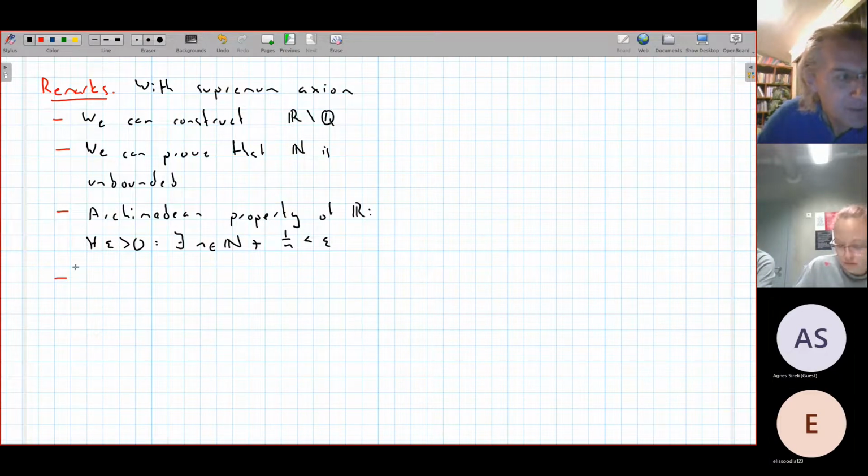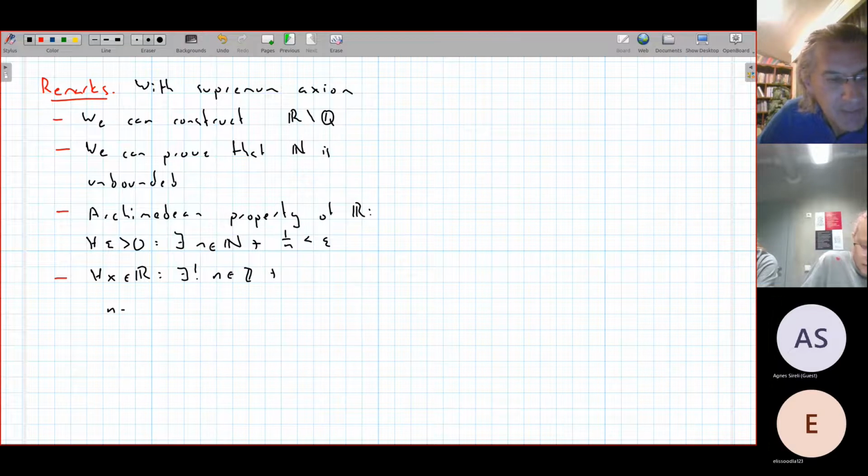You can prove also that for every real number, you can find consecutive integers such that that real number is between these two consecutive integers.